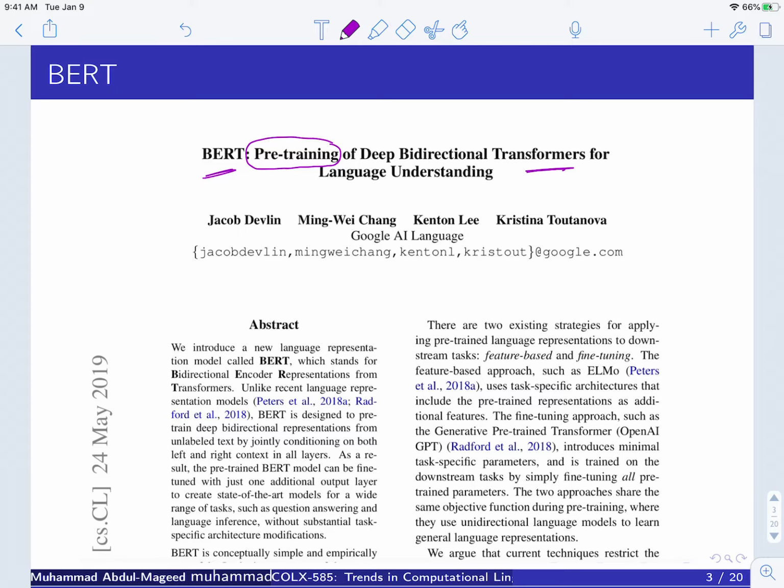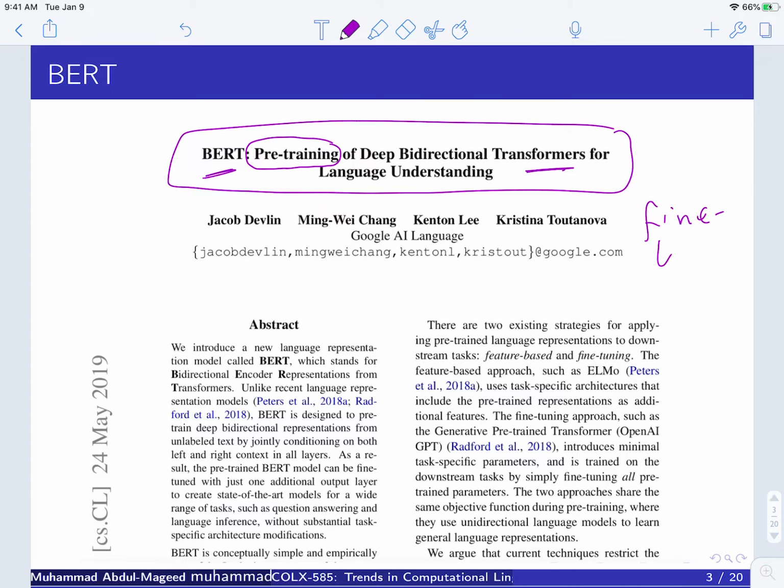By fine-tune here, we mean we take it and use it on a labeled data set, for example, and perform classification. By doing that, we are fine-tuning it on the labeled data set, like sentiment analysis, for instance. Okay, so there will be a pre-training stage. BERT is basically going to be the pre-training part, but then we can take it and fine-tune it on a downstream task. And we will see what fine-tuning is.